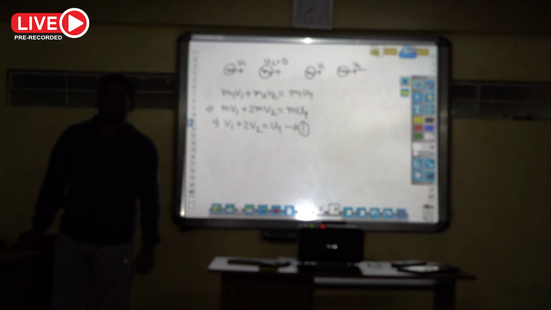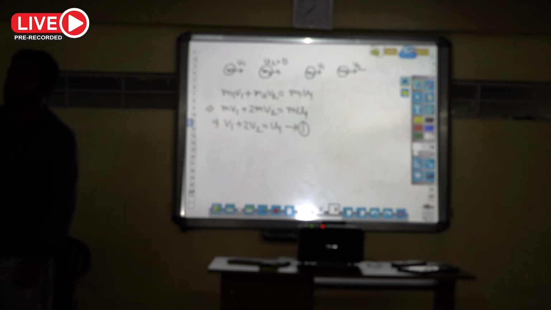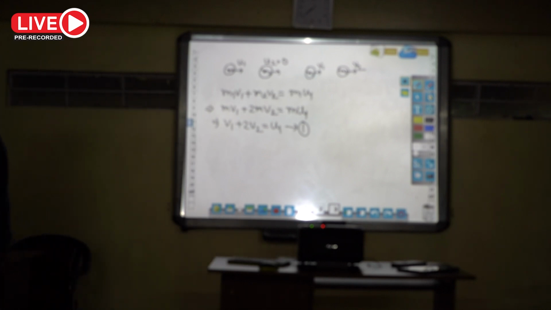We have another equation in case of perfectly elastic collision, that is relative velocity of approach equal to relative velocity of separation, means v2 minus v1 equal to u1 minus u2.